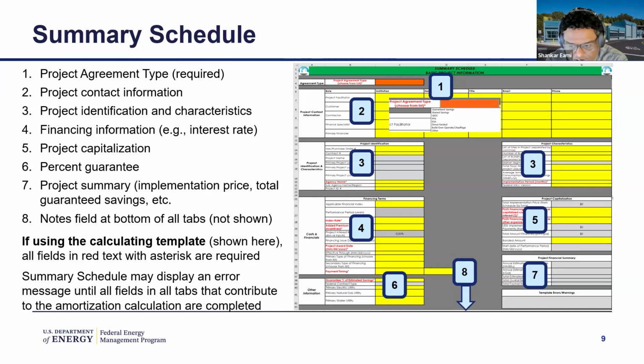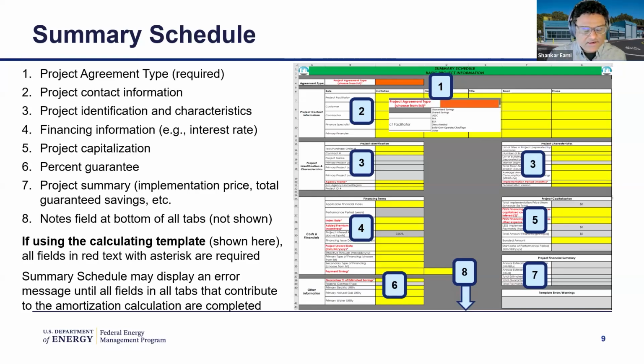And then there is a project financial summary at the very bottom that shows the high-level costs and savings. And there's this thing called template errors and warnings. If things are not complying with the standards, it throws some errors, and you might have to fix the errors before you move on. So that's the summary schedule.